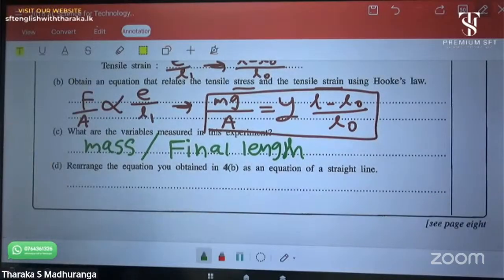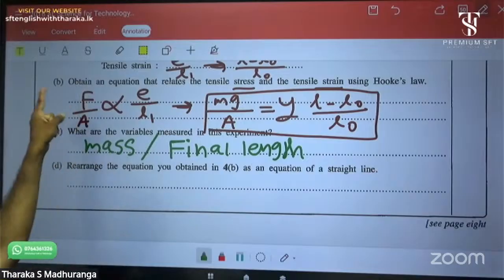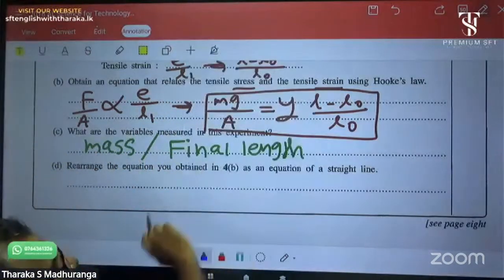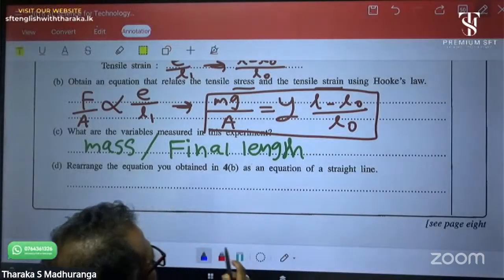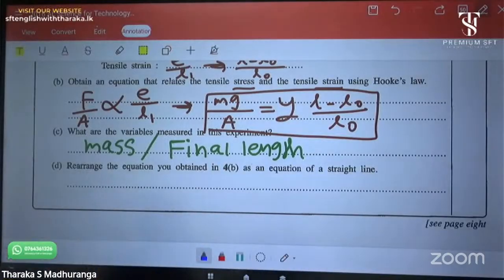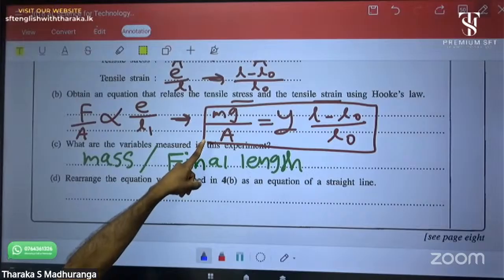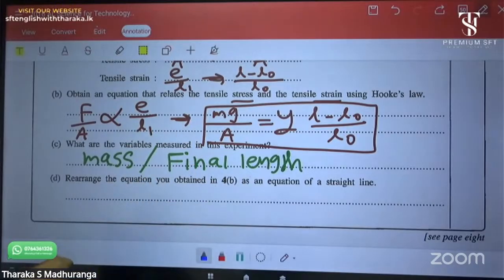Rearrange the equation you obtained in 4p as an equation of a straight line. Rearrange this equation as the equation of a straight line. The equation of a straight line is y equals mx plus c. Then what to do? In this experiment, what is the one we always change?